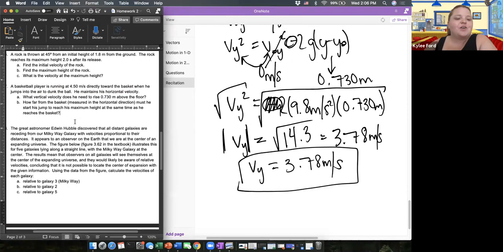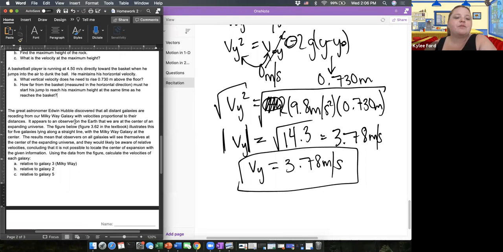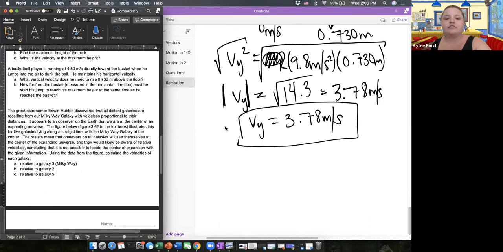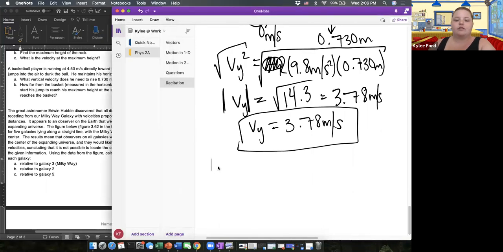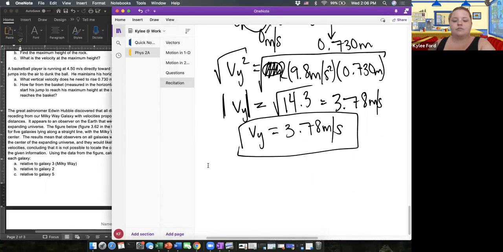Okay. So our next question is, how far from the basket must he start his jump to reach his maximum height at the same time as he reaches the basket? Okay. So we're gonna have to do a little bit of thinking here. Come on, pen.